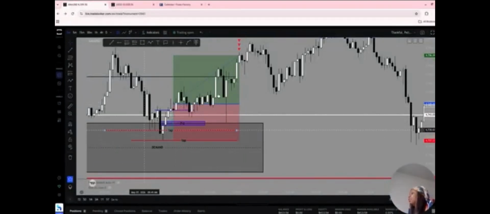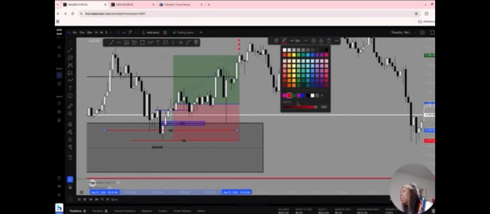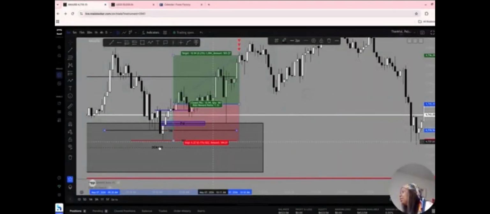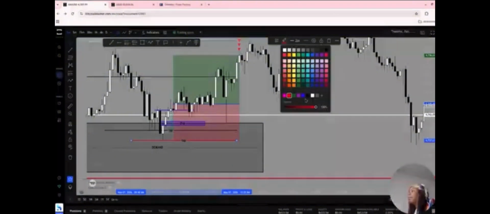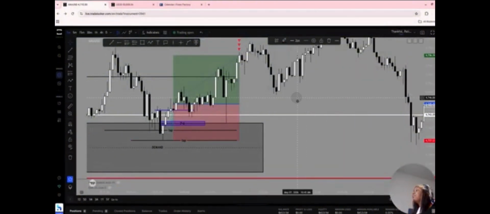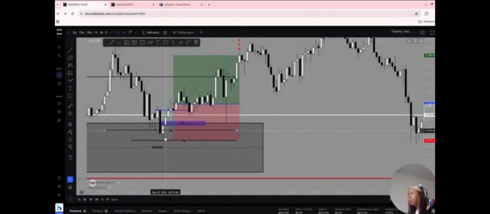Now let me actually change these to black, because earlier when I took my screenshots, I forgot to change them. But these lines should be black because this is my 5 minute area, even though it don't really matter, because usually I always end up clearing my charts the next day anyway to have a fresh clear slate. But this was the first candle, that bear candle that tapped into my zone, and I marked it out.